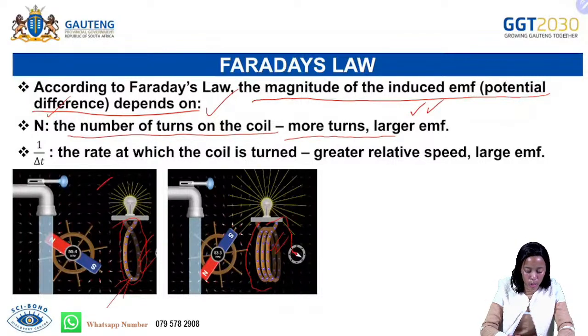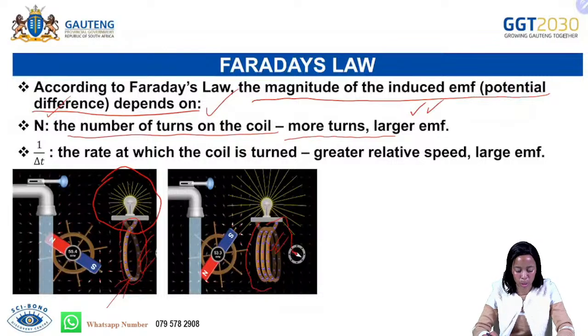We can also observe that in the first picture, the light bulb is not as bright as the light bulb on the right-hand side. Why is that? It's because the light bulb on the left-hand side has 1 turn, and the light bulb on the right-hand side has 3 coils.